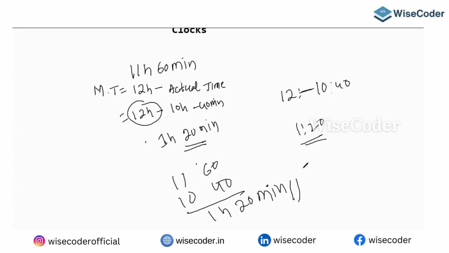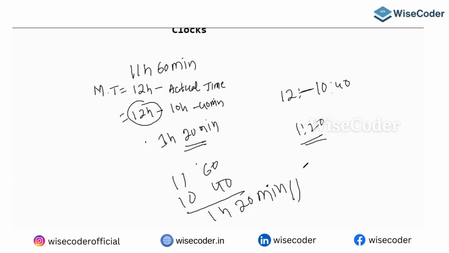If you closely observe this particular concept, we have seen questions based on angle, questions based on time, and overlap questions: what is overlapping and what is coincidence, and how many times it happens in every 12 hours.